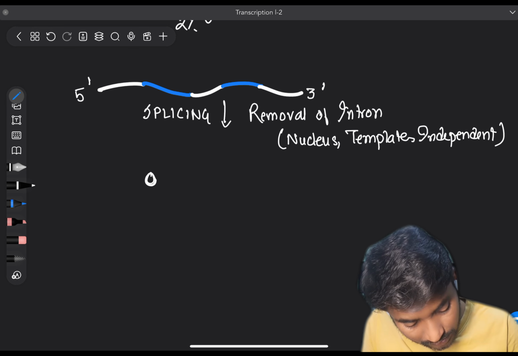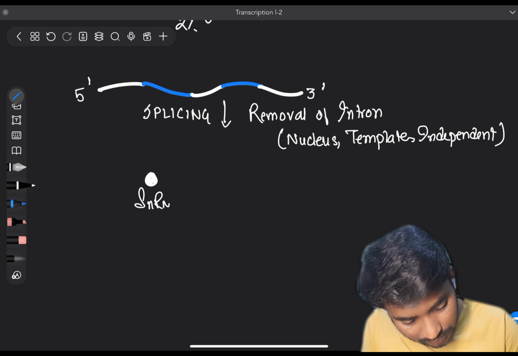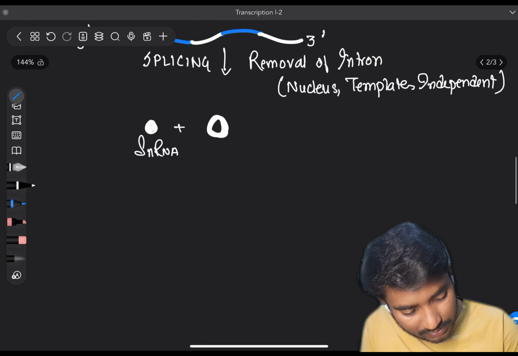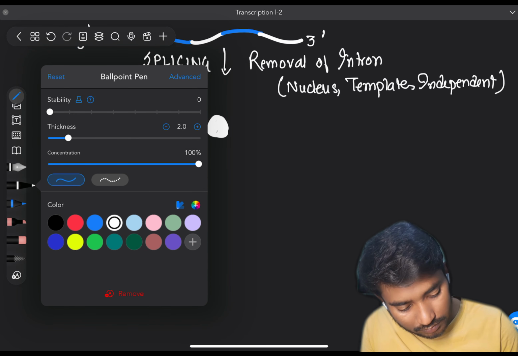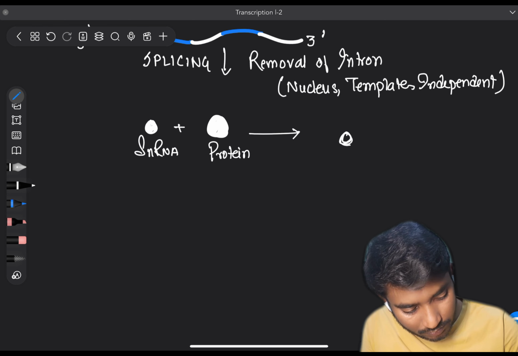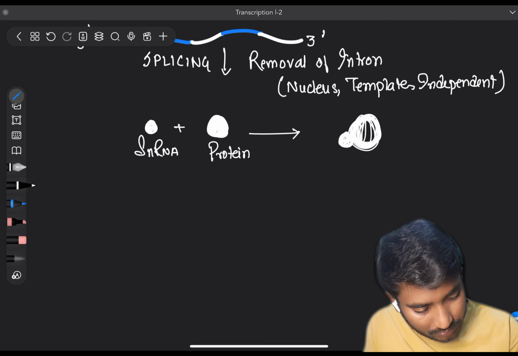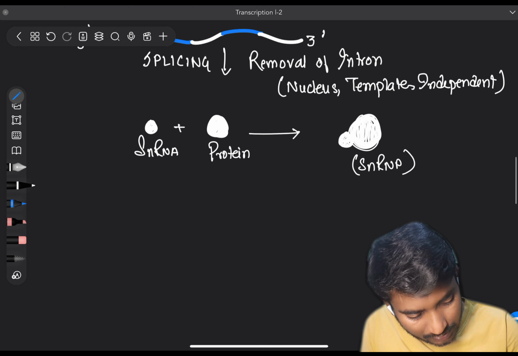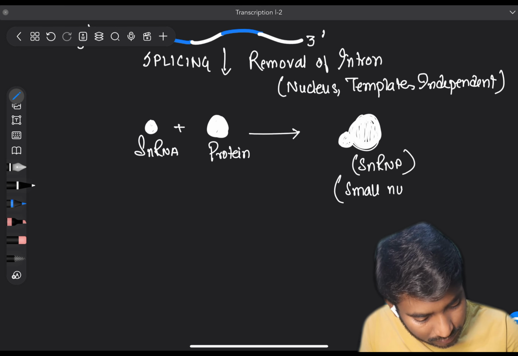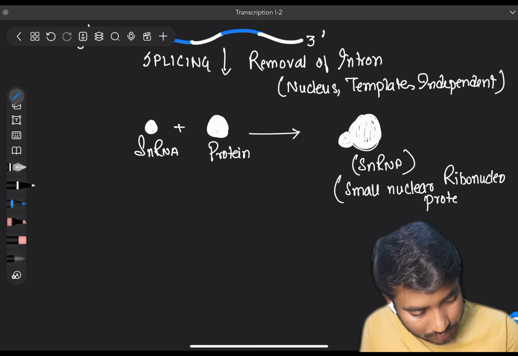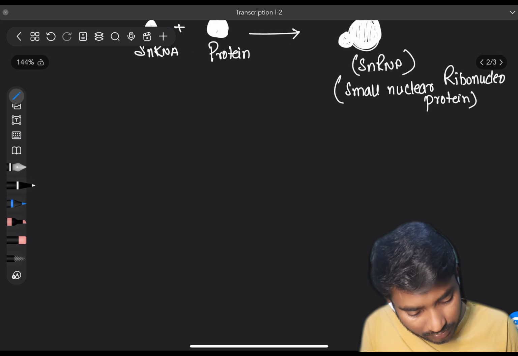Now the snRNA plus the protein, snRNA plus protein, makes snRNP, that is small nuclear ribonucleoprotein.